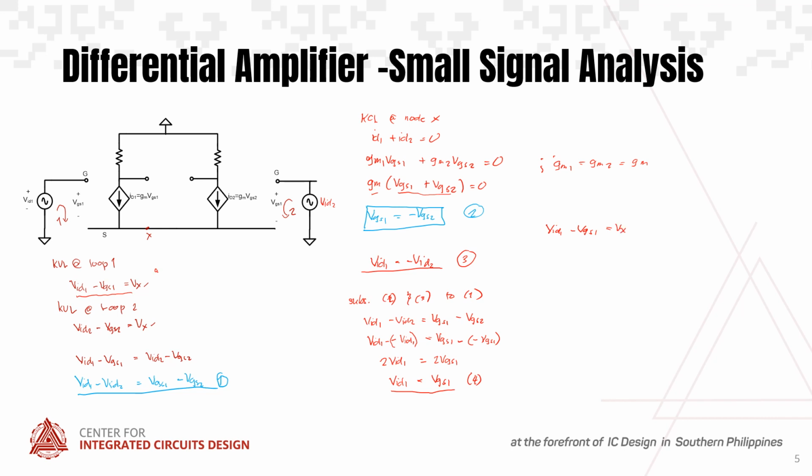Substituting VGS1 with VID1, since VID1 is equal to VGS1, we have VID1 minus VID1 is equal to Vx. Then VID1 minus VID1 is equal to 0. So with that, we have proved that this Vx, considering these two are equal, we can consider as our virtual ground or equivalent to 0.